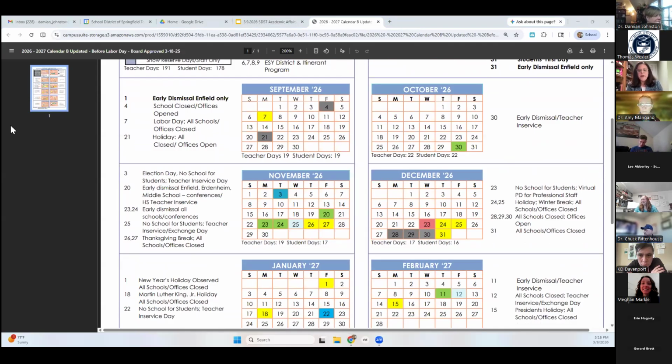We've gotten a lot of positive feedback from families that to have a half day on the day of Halloween is very helpful to them in their planning for family life. We also have some half days related to family conferences, and that's to allow for accessibility of our staff, as well as to continue to have some school time on those conference days. So that's how 26, 27 looks.